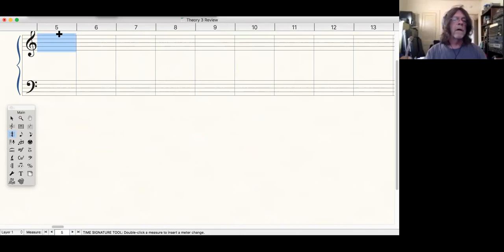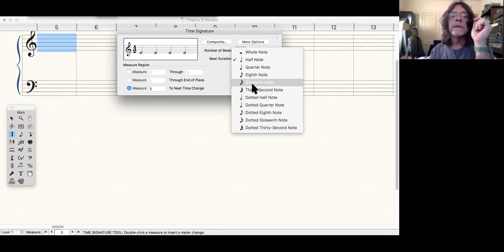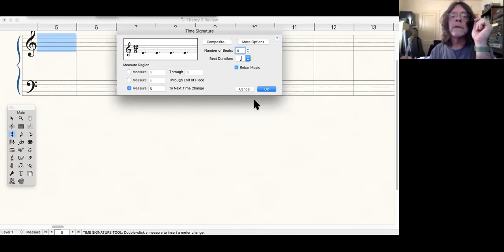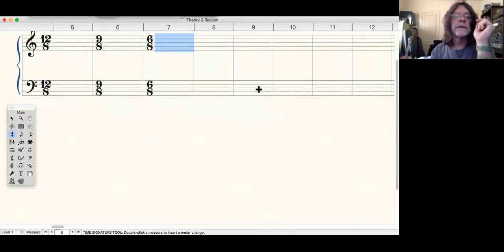All right, so the 3 most common compound time signatures we see are, let me put 4 beats in here. And the dotted quarter gets the beat. Our 12/8, 9/8, and 6/8.